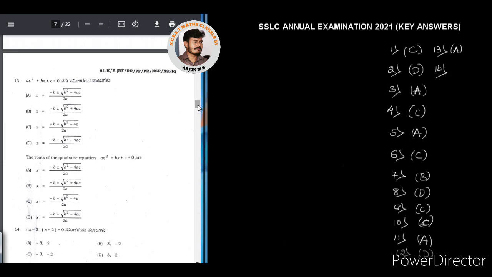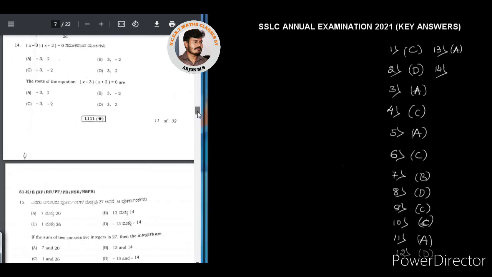So let's move to the next question, that is the 14th question. In that question, they are given the factors of the quadratic equation, x minus 3 and x plus 2. You just extract those factors, then you will get the roots or solutions of the quadratic equation.